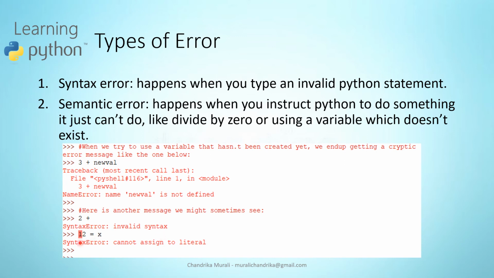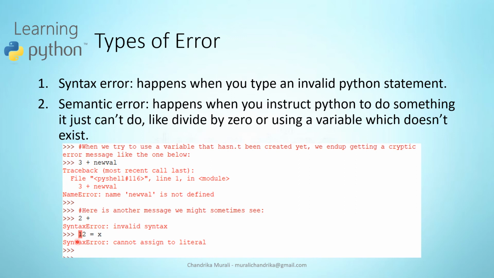And then similarly, here is one more example. I'm giving 12 is equal to x. I have already mentioned that whenever you are using the assignment operator, the variable should be on the left side of the assignment operator and the literal should be on the right side. It's not wrong to have a variable on the right side of the operator, but you cannot have a literal on the left side.